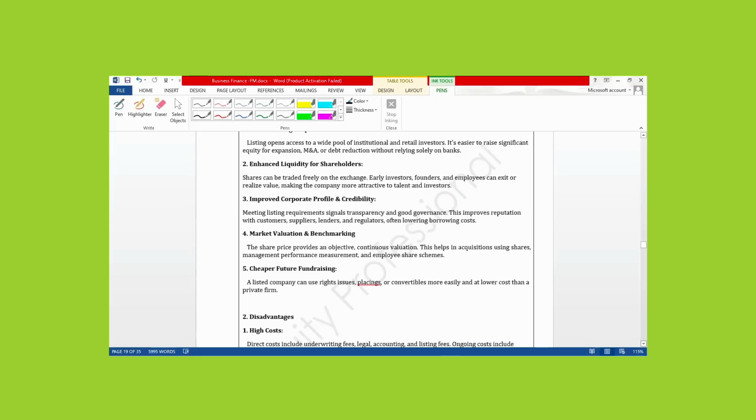And number five, cheaper future fundraising. A listed company can use rights issue, placing, or convertibles more easily. Look at it.